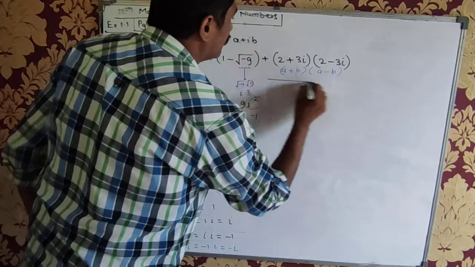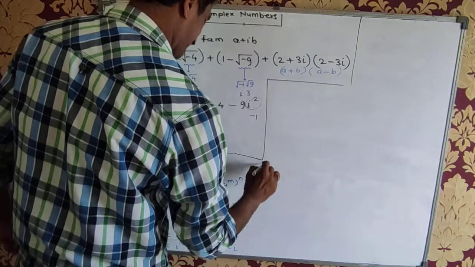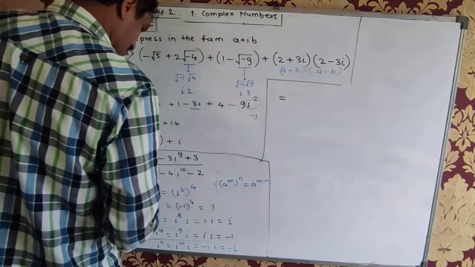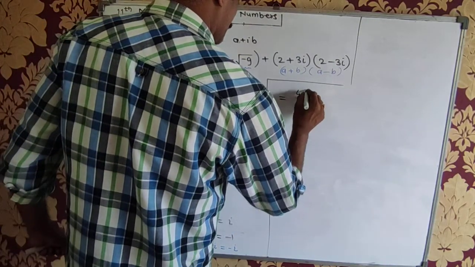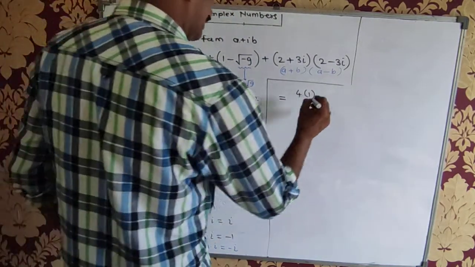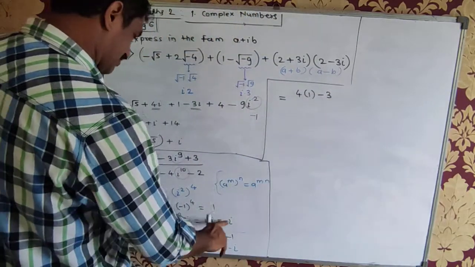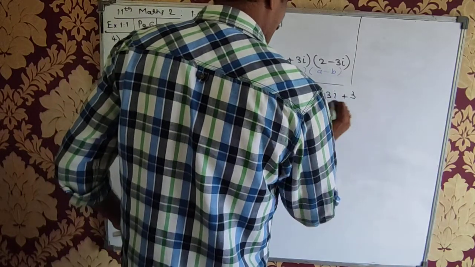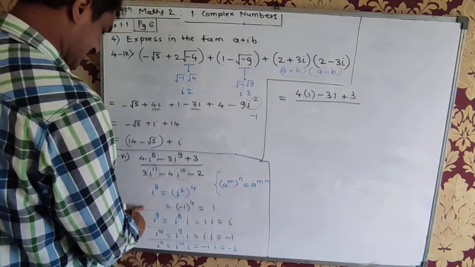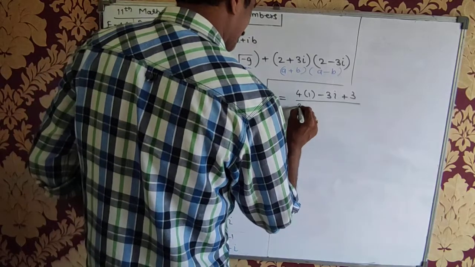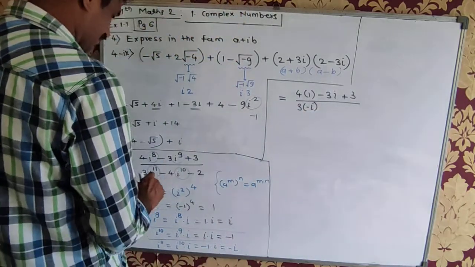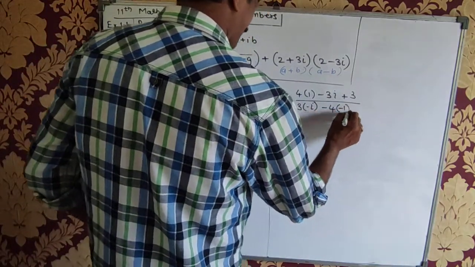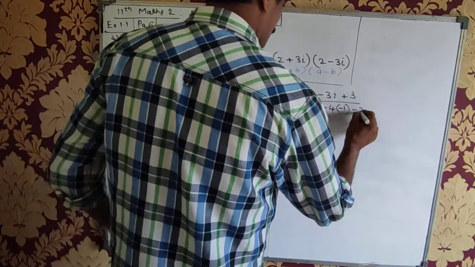So what do you get there? Now that will give me the given expression is equal to 4 into 1 minus 3i into i raised to 9 is i plus 3 upon 3 into minus i minus 4 into minus 1 minus 2.